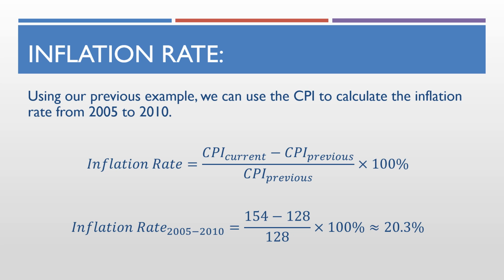We want to measure the change of price level from 2005 to 2010, so we use the CPI in 2010, minus the CPI in 2005, and then divide by the CPI in 2005, and then multiply by 100%, and we get the number here. It's approximately a 20.3% increase in price level between the two periods.